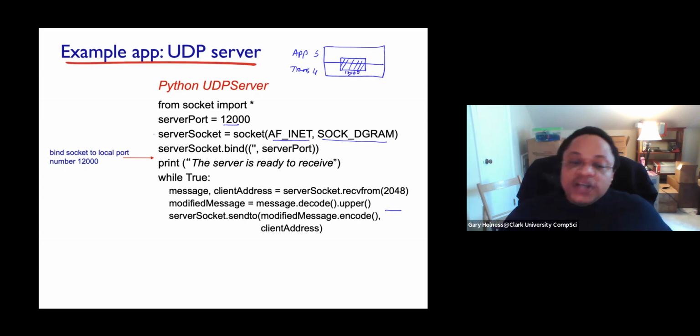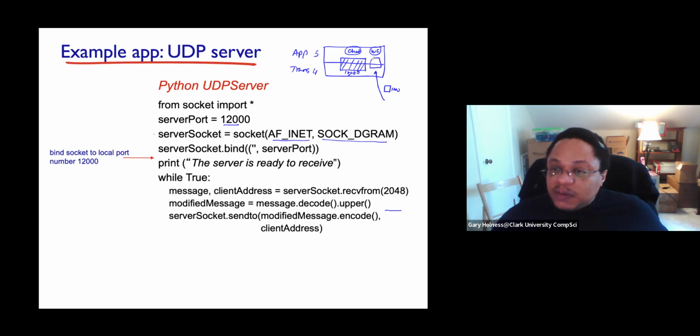Once you do this bind, when an incoming datagram flows into your platform, to your runtime, it knows that if this thing is stamped with 12,000, it's going to send it to a particular application. Maybe it's your chat server. You could also have a web server, which uses port 80, so it has a socket associated with it, stamped with port number 80.